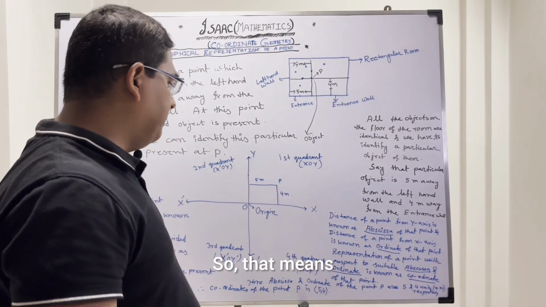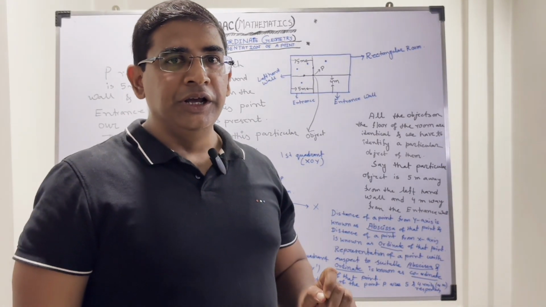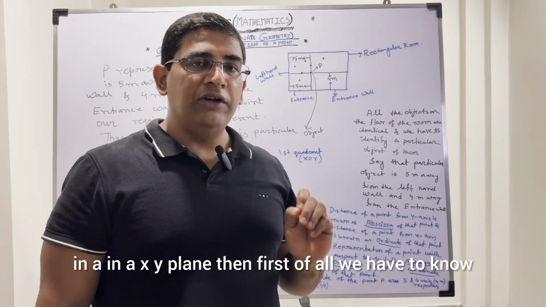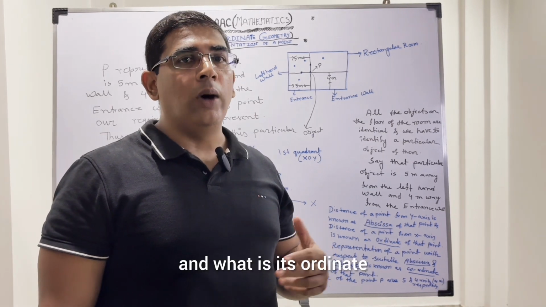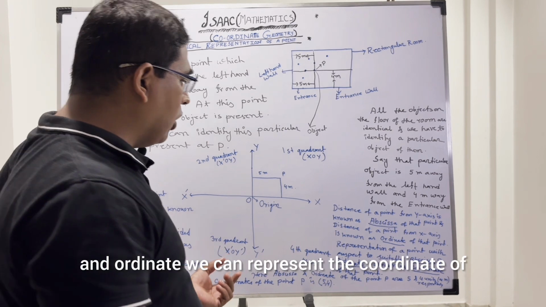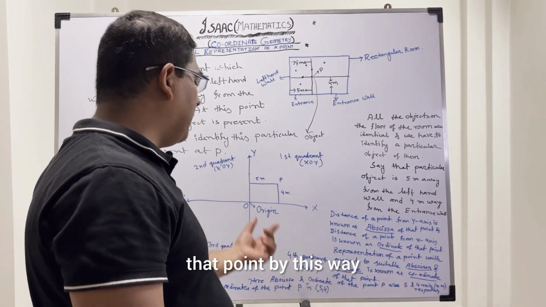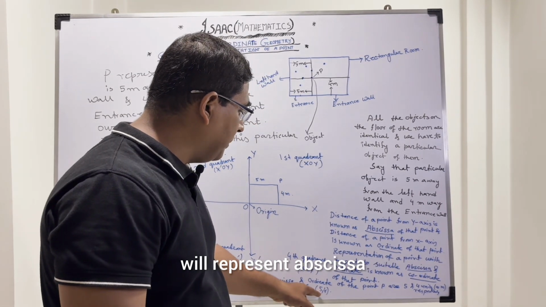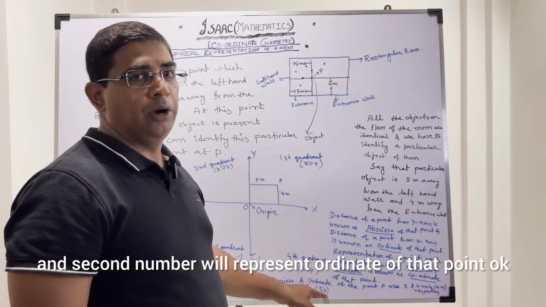Okay, so that means whenever we want to represent a point in a xy plane, first of all we have to know what is its abscissa and what is its ordinate, and after knowing its abscissa and ordinate we can represent the coordinate of that point this way. That means within a first bracket, first number will represent abscissa and second number will represent ordinate of that point. Okay.